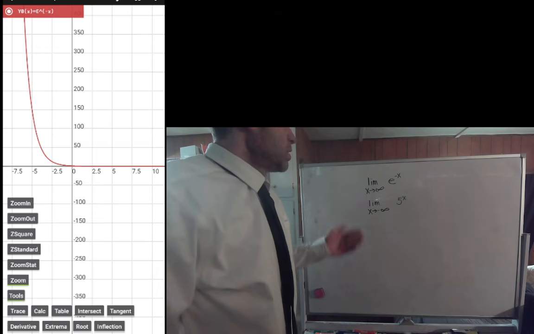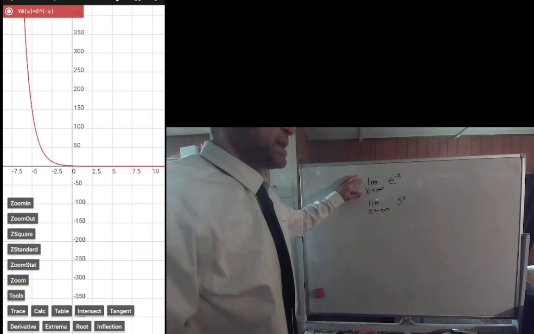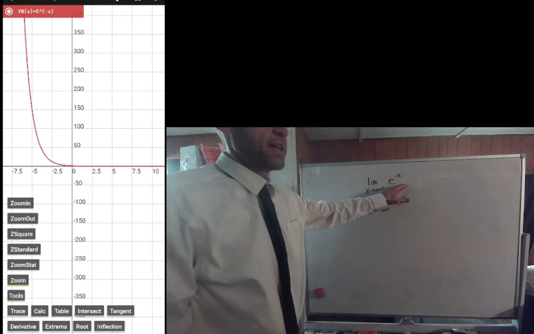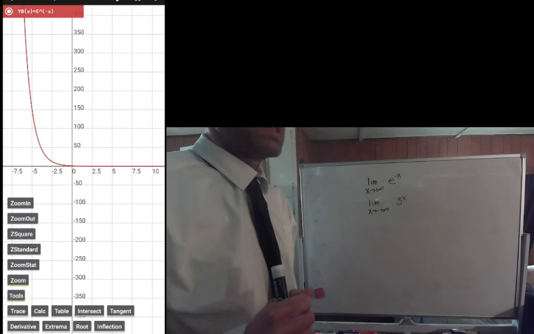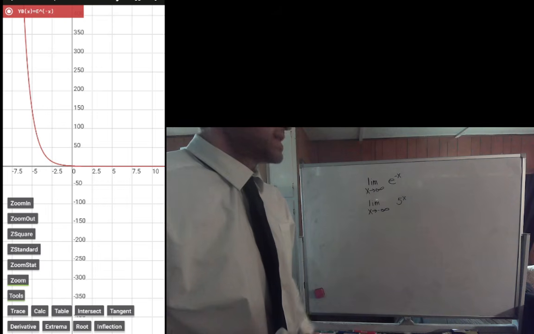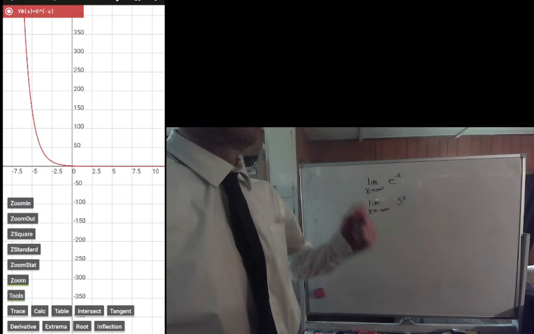So we're given here first the limit as x approaches infinity of e to the negative x. And on the screen beside me, you'll see the graph of e to the negative x. Well, if we look at it from a graphical standpoint, if I keep putting in higher and higher values of x, notice I keep getting closer and closer to a y value of 0.